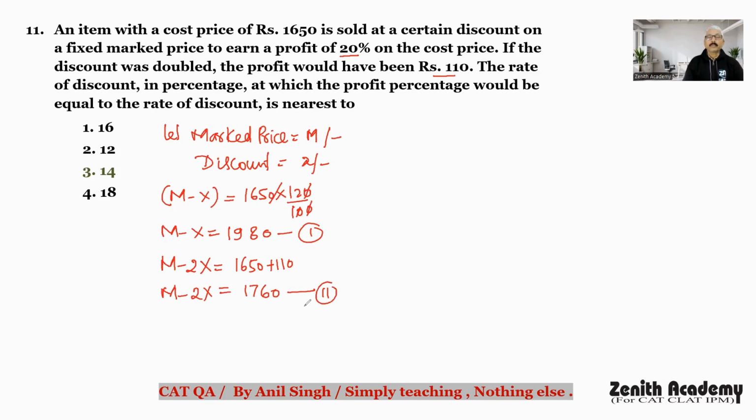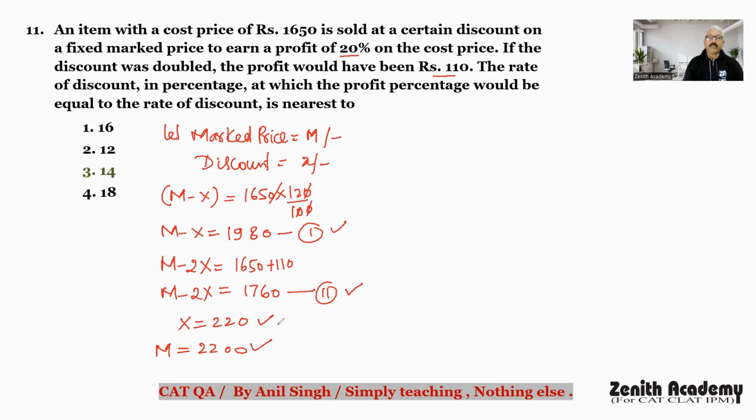On equating equation number 1 and 2, we get the value of x as 220, and then put this value here, then M will be 1980 plus x, means plus 220, is 2200 rupees.